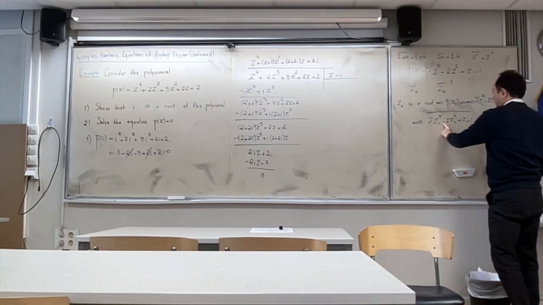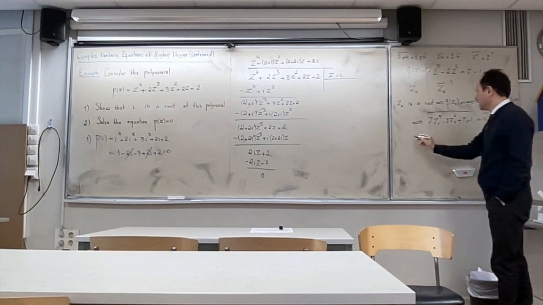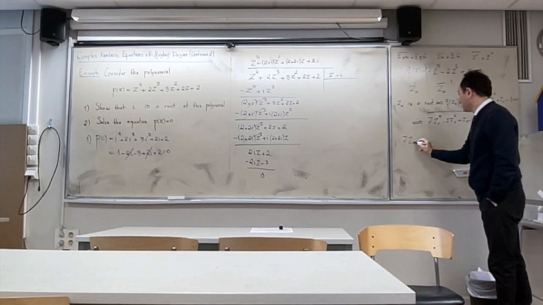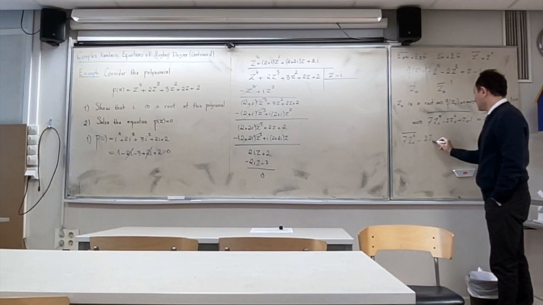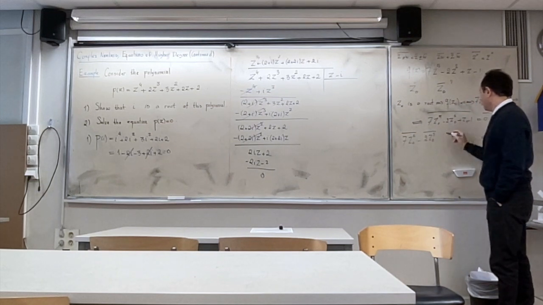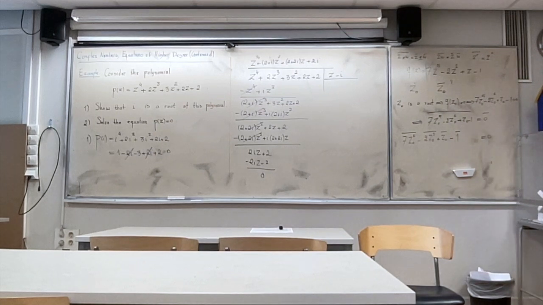So I can use these three rules to write this in a different way. I have the difference and the sum of a bunch of complex numbers, and I am interested in the conjugate of the total one. So it becomes the conjugate of the first part minus the conjugate of the second part plus the conjugate of the third part minus the conjugate of the last part. Yes?